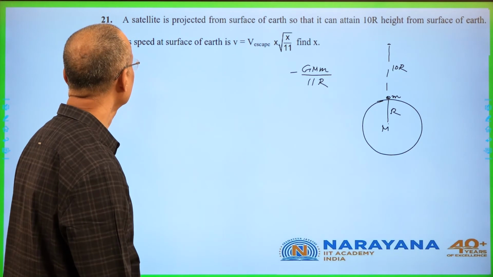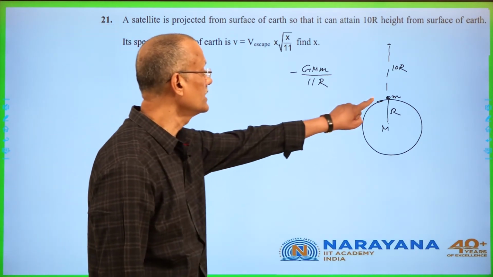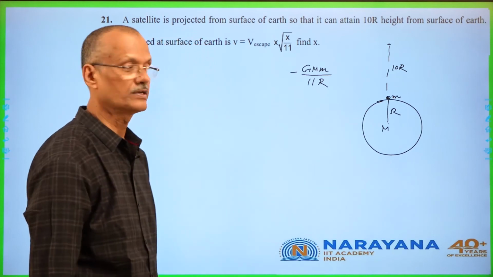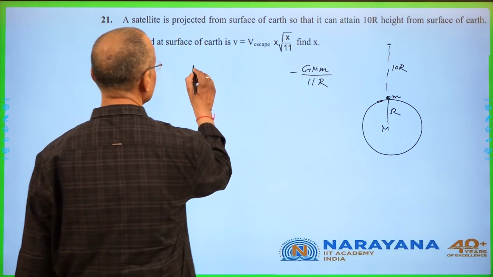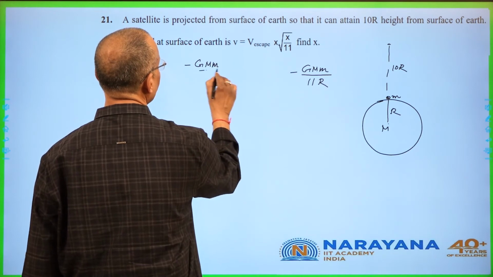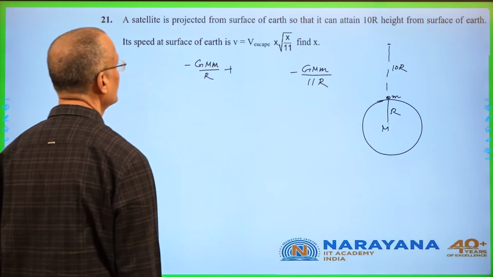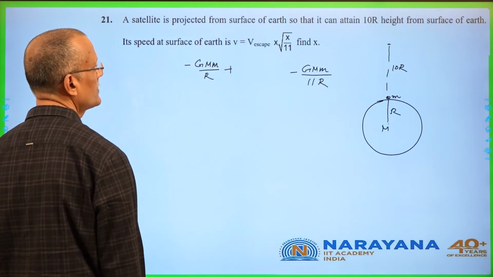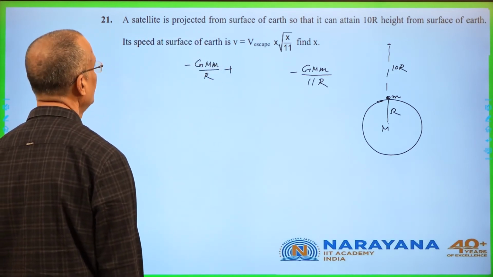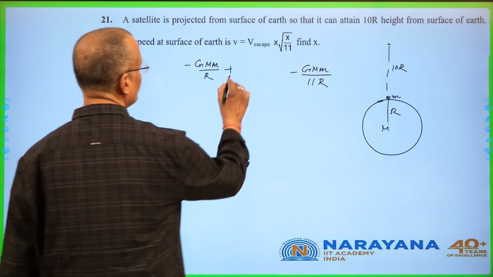Clear to you? And now you take its total energy on the surface of Earth. How much potential energy it has? Minus GMm by R, plus, they are telling you projected from surface of Earth, and they are asking you speed at surface of Earth.